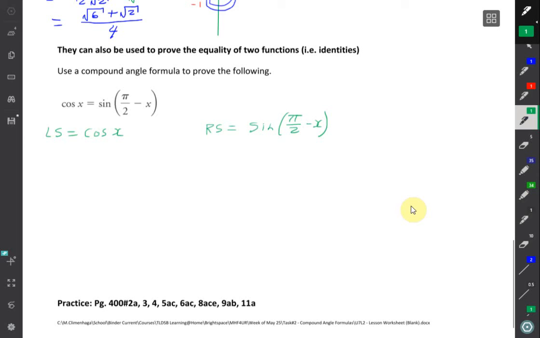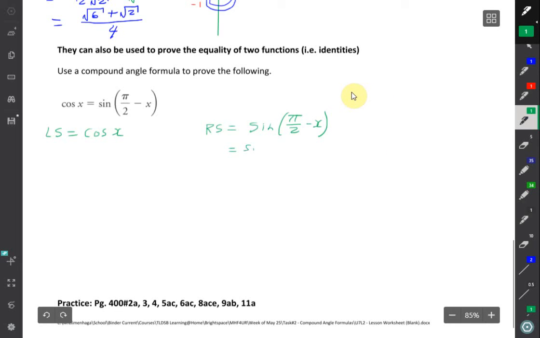Now, you're going to learn later when we spend more time on proving expressions to be equal using trig identities that it's often much easier, and typically what we will do is start with the more complicated looking side. So we're going to start with this side. And notice here that we have a subtraction identity using sine. So we're going to expand that out in order to help us simplify this.